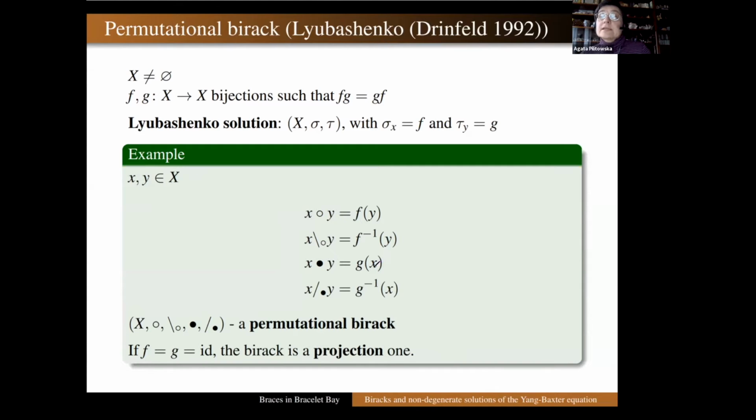In the case that both bijections F and G are equal to the identity mapping, this Birack is called a projection.